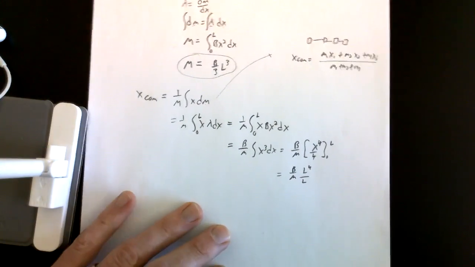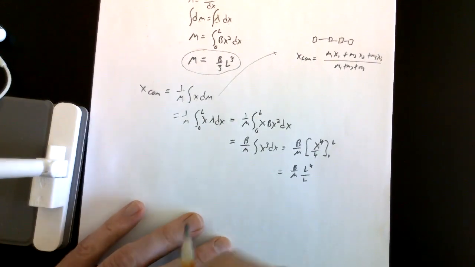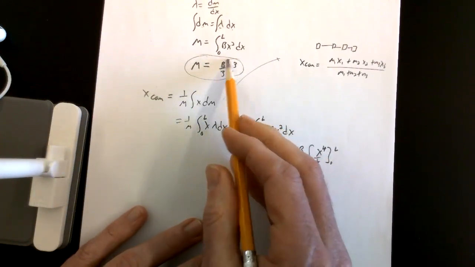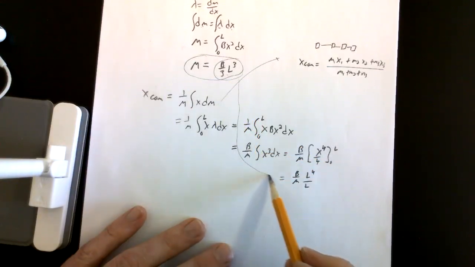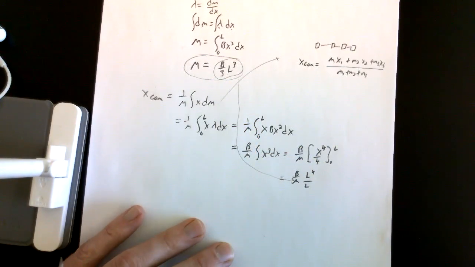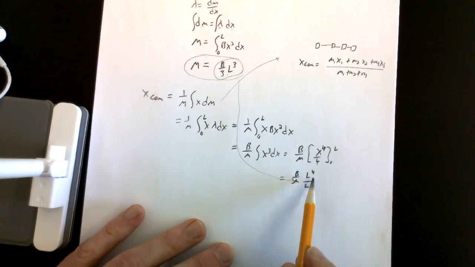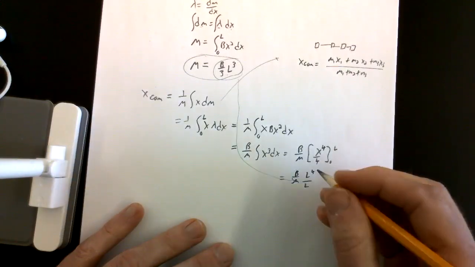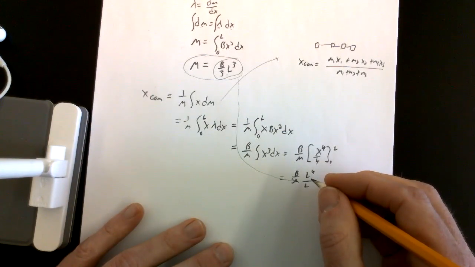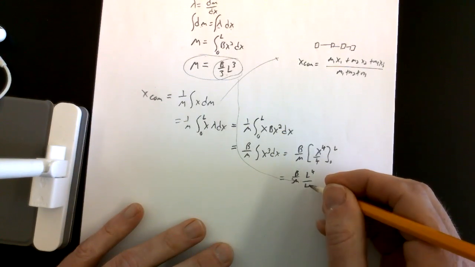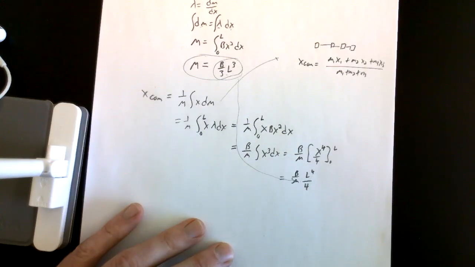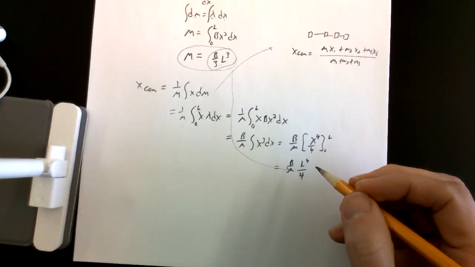Just like that. And so now what we're going to do is we're going to take this expression for mass and then put it in for our mass down there so that we can get rid of m and we can just have things in terms of L. Oops, this is a 4 in the bottom, not an L. There we go. That confused me for a sec. So that's a 4 in the bottom.